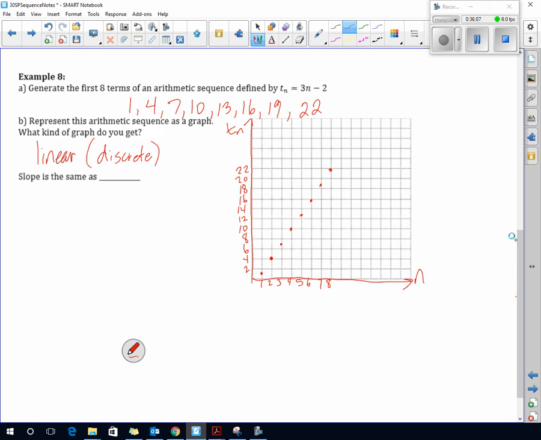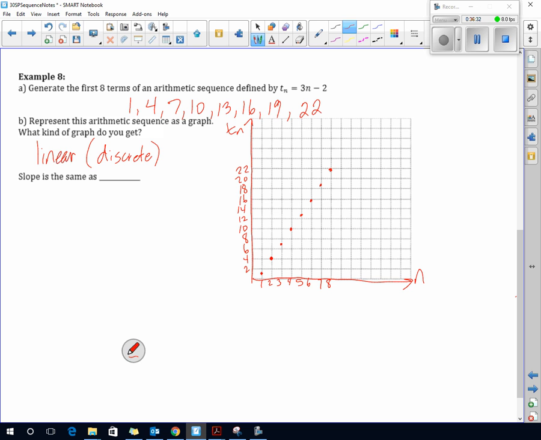So look at the slope of this line. Can anybody tell me what the slope is? It's 3. And it's the same as your D, right?